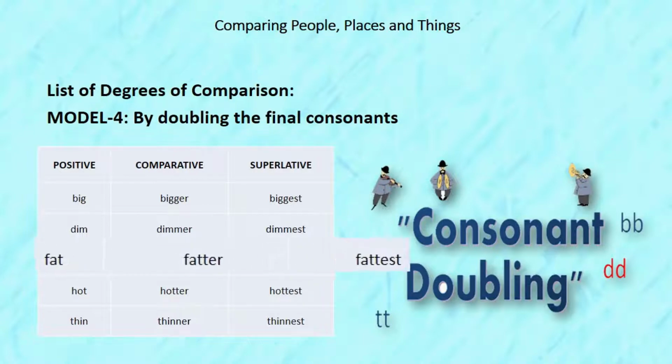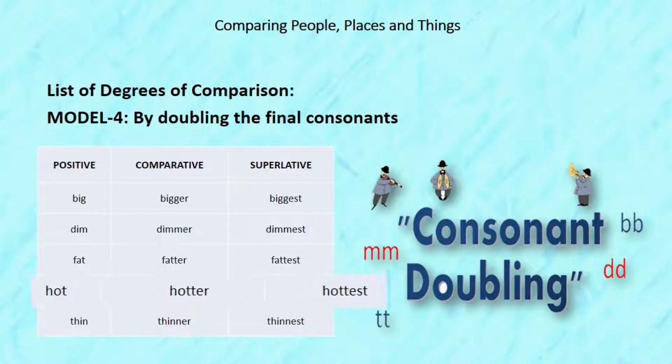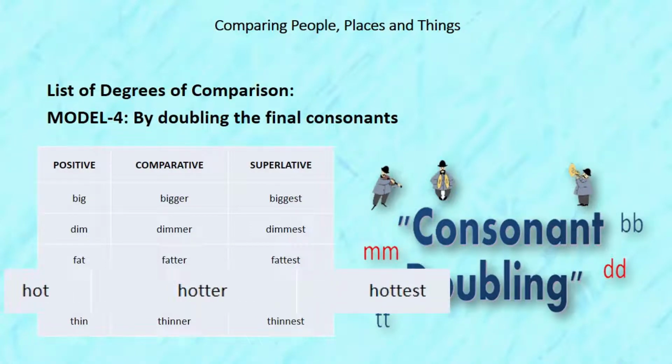Fat becomes fatter with the usage of 2 T's and an addition of ER in the comparative form. It becomes fattest with the usage of 2 T's and an addition of EST. Hot becomes hotter with the usage of 2 T's and an addition of ER in the comparative form.